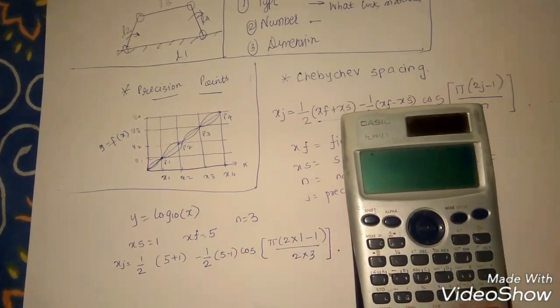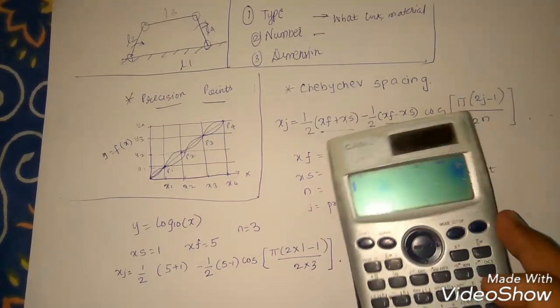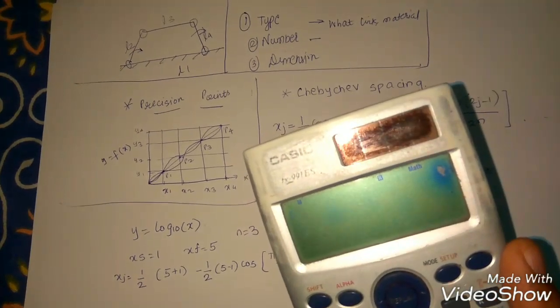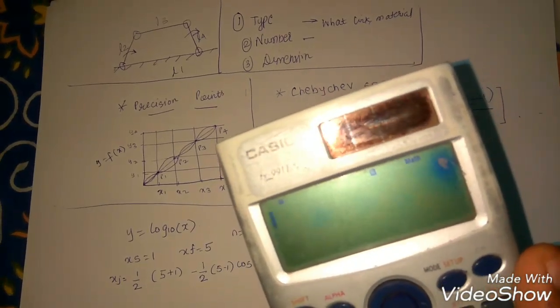So let's calculate for the given term. Mind it, my calculator is in the radian mode, as you can see.